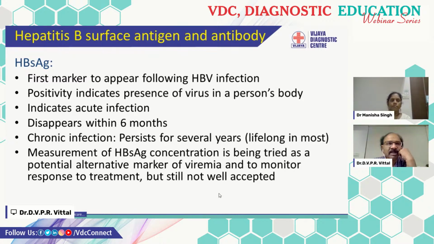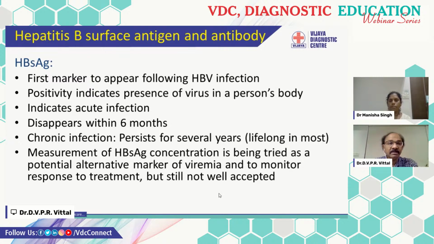Now, the first one, which I explained, the hepatitis B surface antigen, is also called the Australian antigen, as this was discovered by Dr. Bloomberg from Australia during 1968.